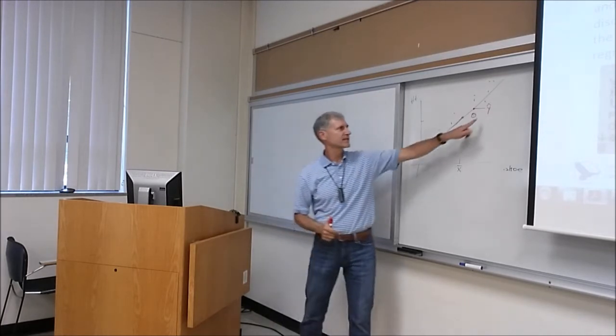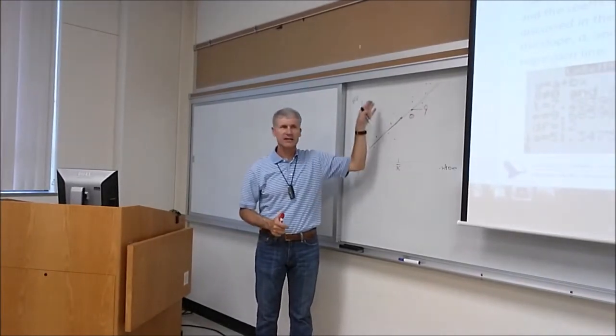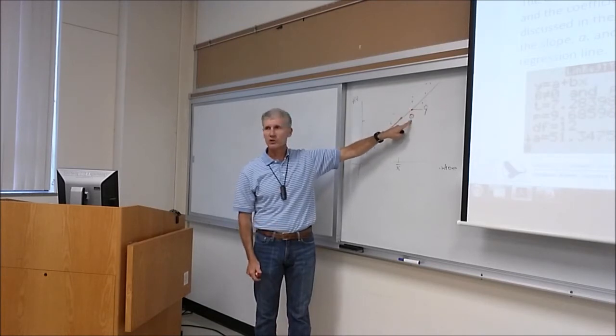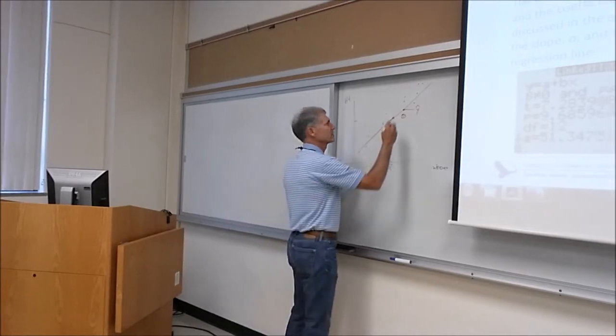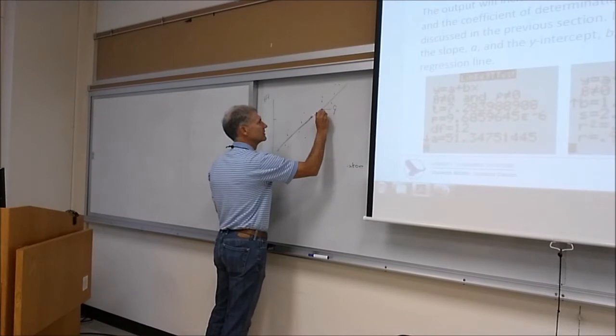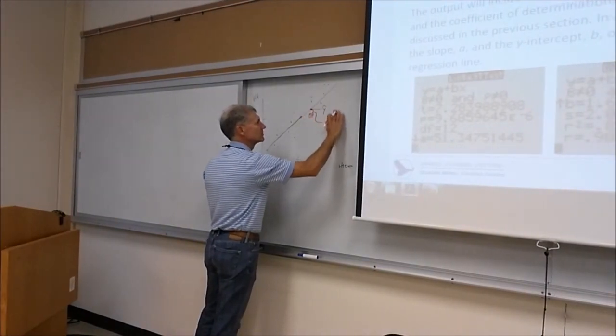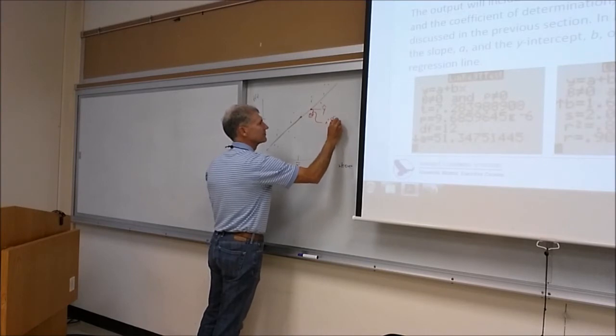So the predicted value of Y, which is height, is that red point. But this person was shorter than you would predict based on their shoe size. That difference between them is called a residual or prediction error.